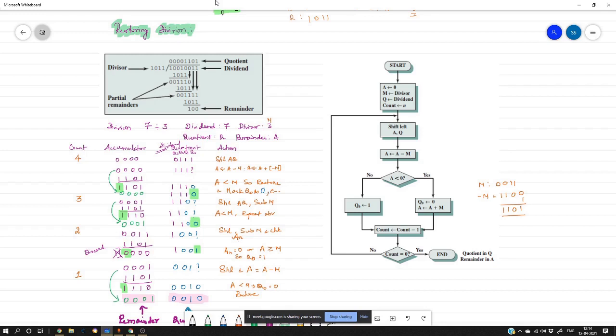So if you have, say, 368 divided by 13, what do you do? You first take the first digit in the dividend and check whether it is greater than 13. If it is greater than 13, then we proceed with dividing. But if it is not greater, you make the quotient 0 and take the next digit in the dividend.